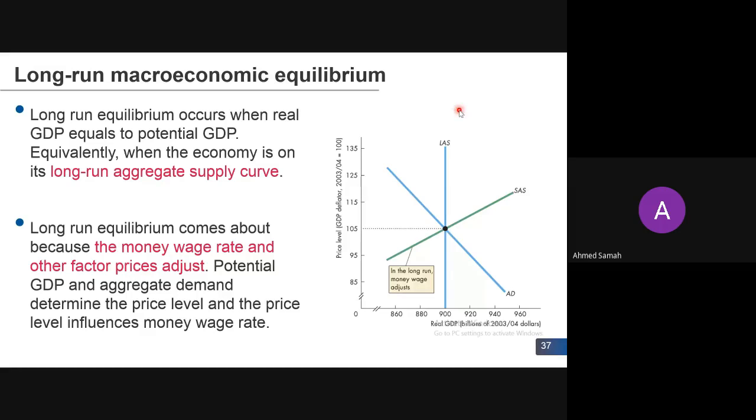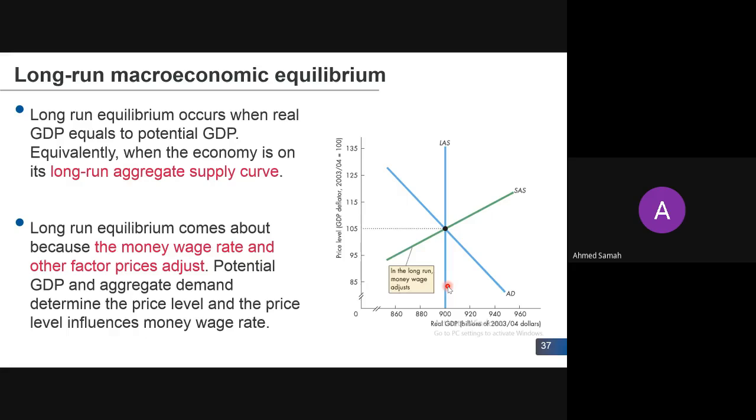So the long run equilibrium is when aggregate demand equals the real GDP. So when the real GDP equals the potential GDP, that's when the long run equilibrium occurs.